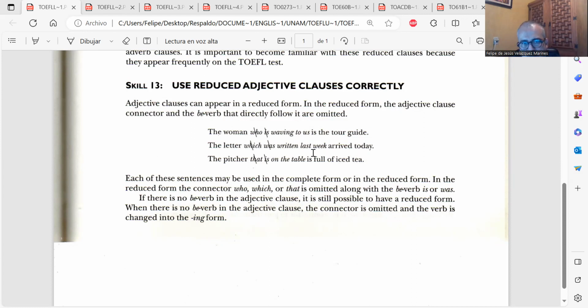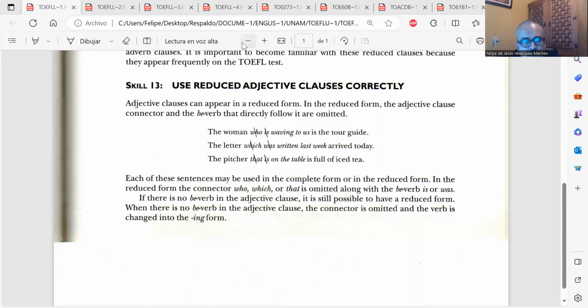The letter written last week arrived today. Yes, or written last week, the letter arrived today. Waving to us, the woman is the tour guide. Yes, on the table. Yes, but of course, when you do the fronting, you have to place a comma. Or probably you will have to use subject verb inversion because this is a place, on the table. On the table is the pitcher full of iced tea, without the comma, because of subject verb inversion with places.